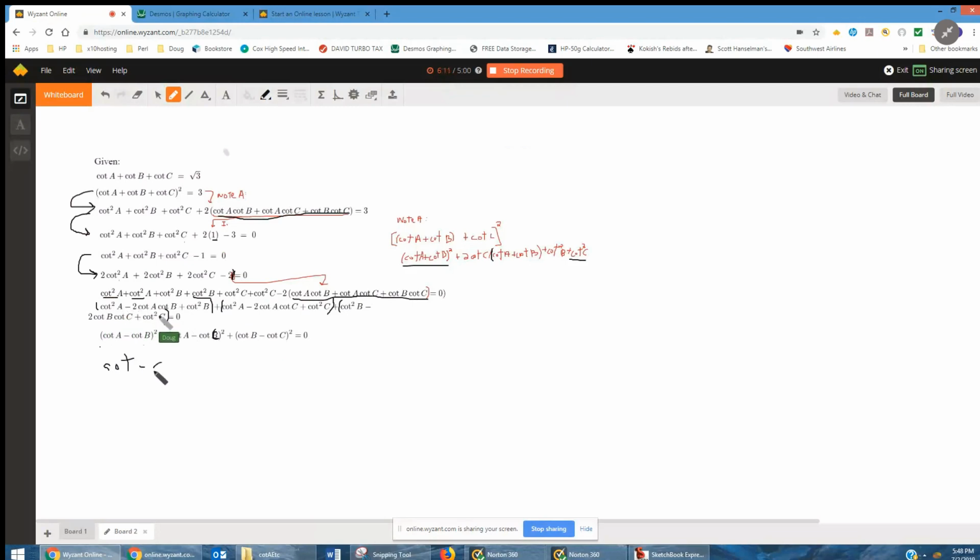So cotangent A minus cotangent B, the quantity squared, has to equal 0, but then if I take the square root of both sides, that's what I get.